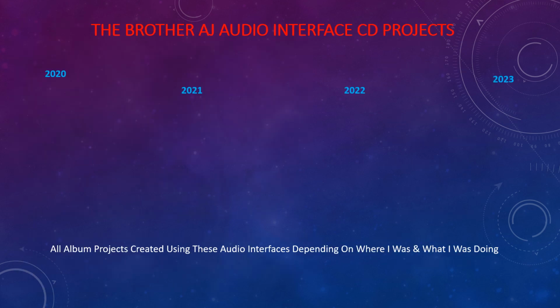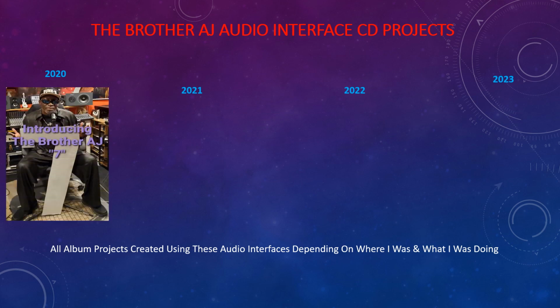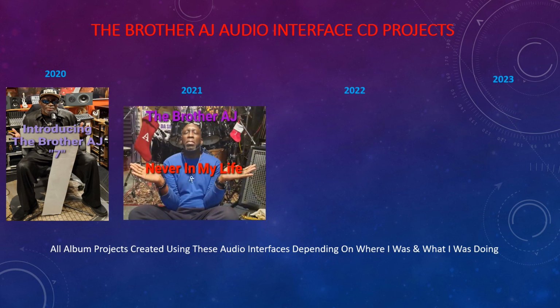So, the Brother AJ audio interface CD projects. In 2020, I dropped my first album, and that album was Introducing the Brother AJ 7. In 2021, I dropped my second album, called Never in My Life.